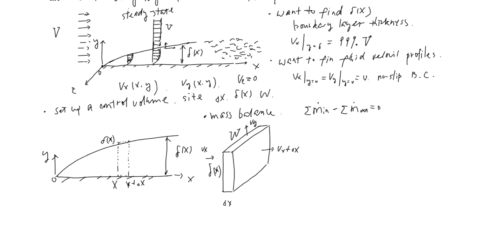So it is density multiplied by the volume flow rate into the control volume minus density multiplied by the volume flow rate out of the control volume equal to 0. Now let's collect all the terms.